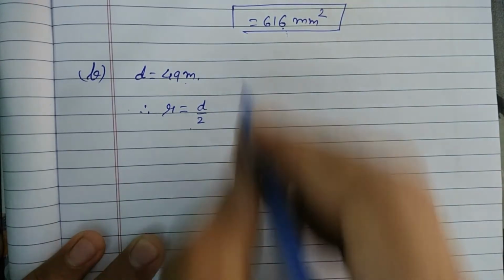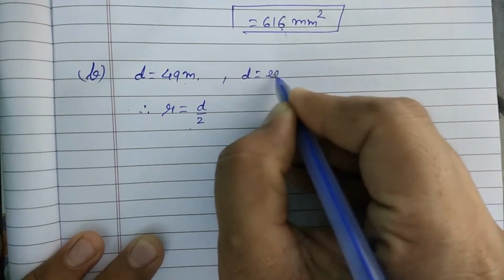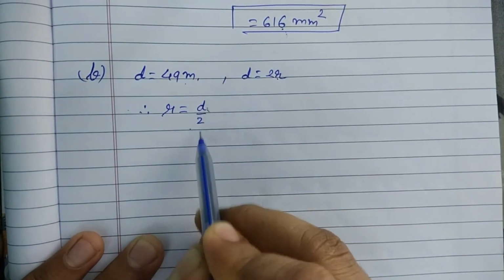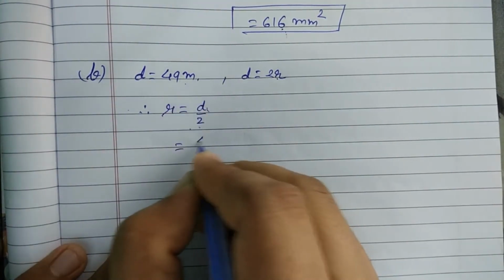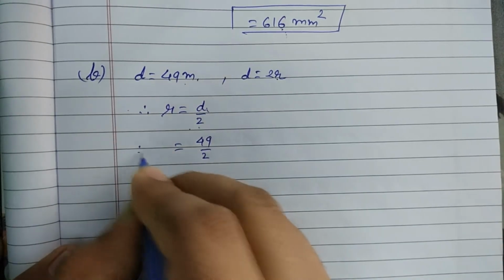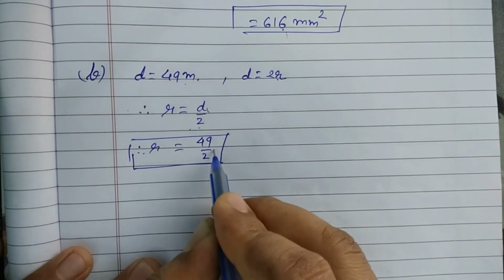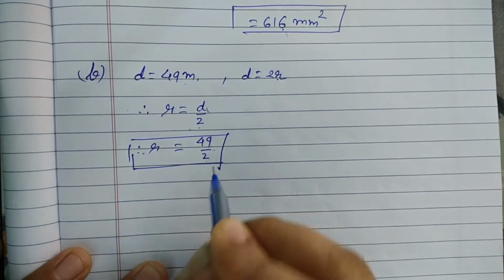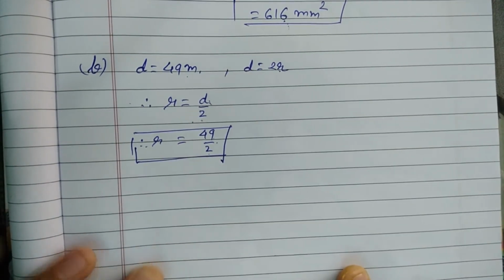We know that diameter is equal to 2r, and therefore radius is equal to diameter divided by 2, and that is equal to 49 divided by 2. So here we got the radius 49 divided by 2. Here we are not finding the value of 49 divided by 2, we are not doing that. Why? You will get the answer when we solve this sum.